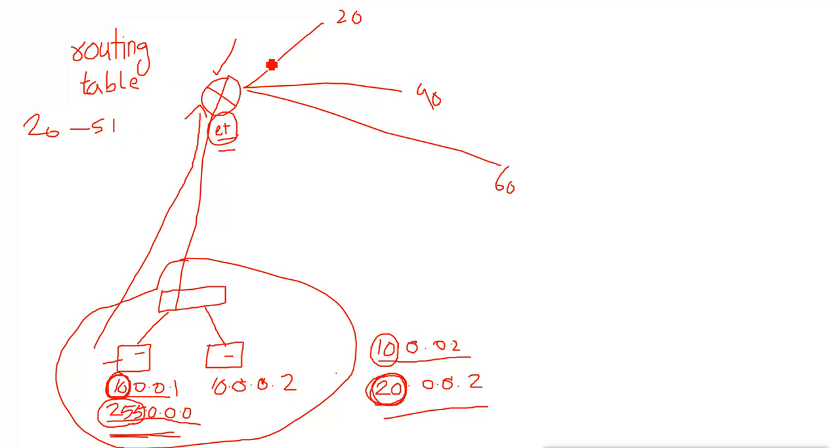For network 40 you will go from serial 2, for example, and for network 50 or 60 you will go from this interface.